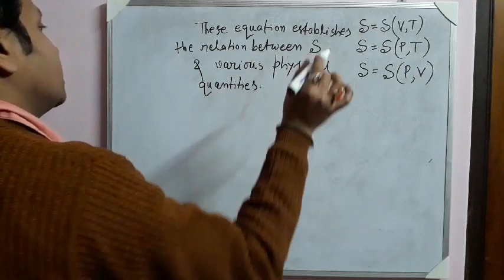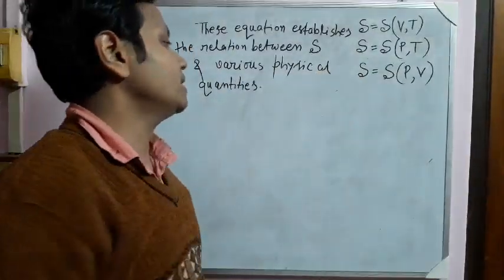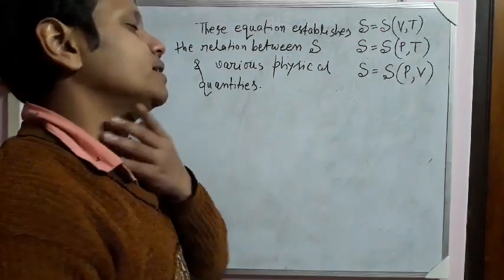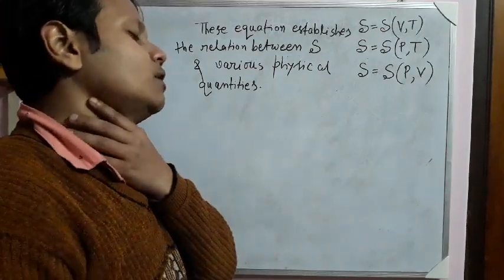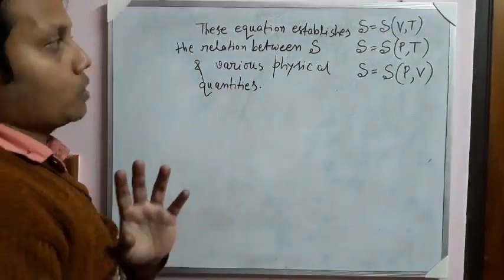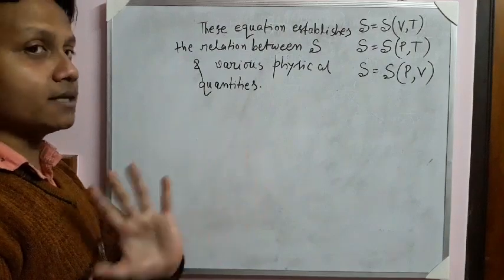It may be pressure, temperature, alpha, ET; these are other physical quantities. So these are directly related with entropy by the three TdS equations.